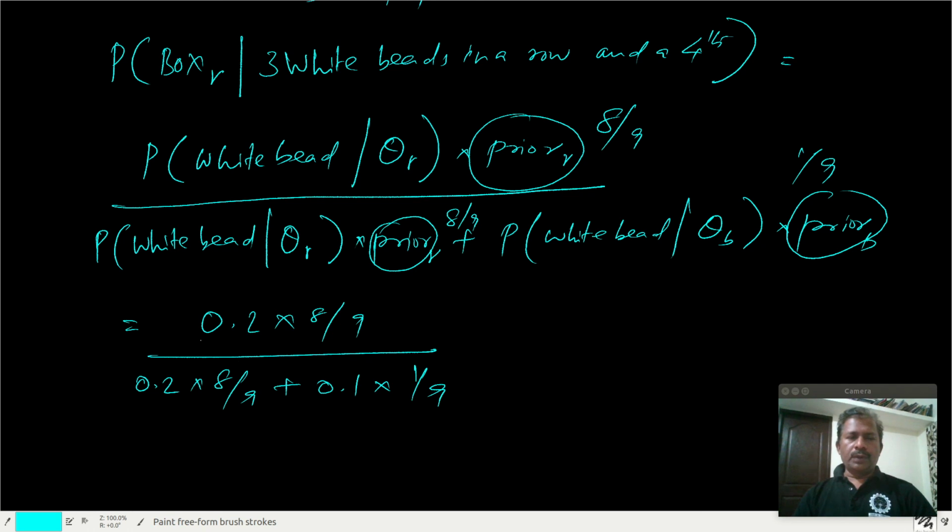This 0.2 is the probability of drawing a white bead from the red box, and this 0.1 is the probability associated with drawing a white bead from the blue box, right?